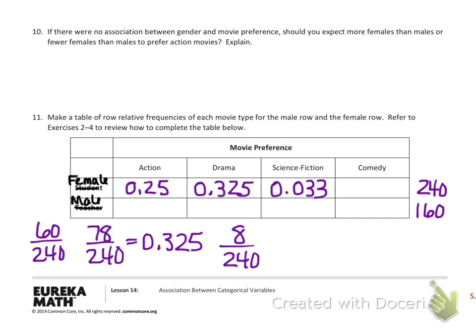And so for comedy, we're going to get about a third, 0.392, more than a third, preferred comedy. All right, so pause the video and do the row relative frequencies for the males in the survey. And remember, these are going to all be out of 160, because that's the total number of the men who completed the survey.